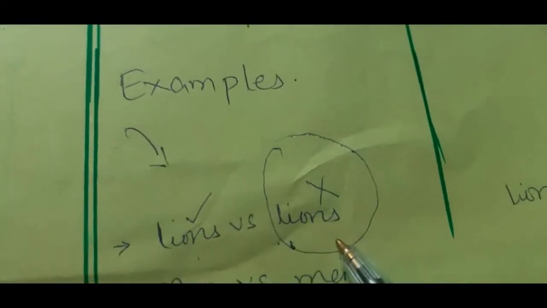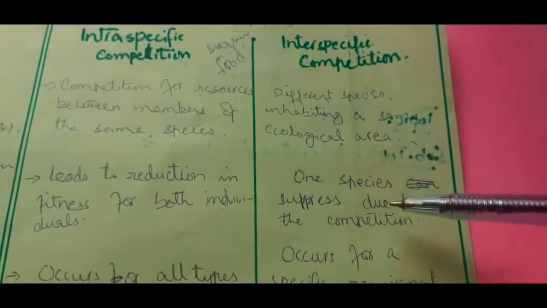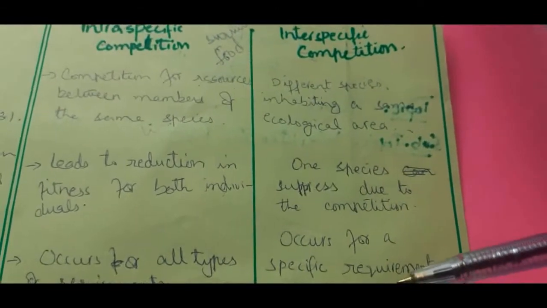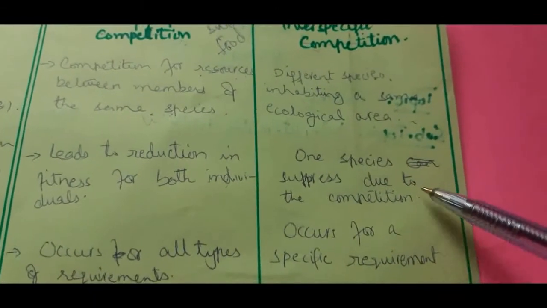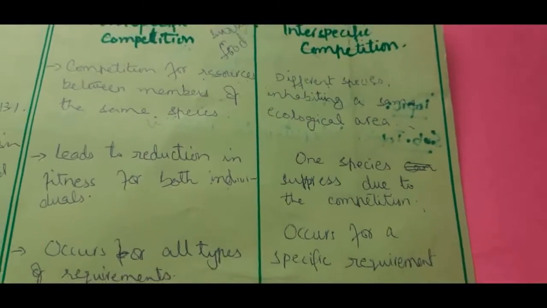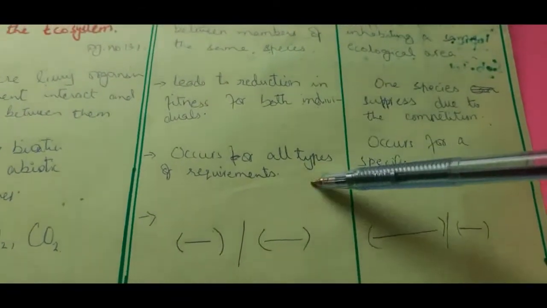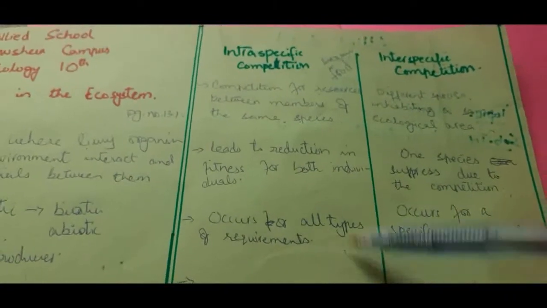That one will die, whereas the other will be harmed or wounded, right? And in interspecific competition, one species is suppressed due to the competition. How is it suppressed? One species completely dies off and the other species, being the superior one, wins the race.